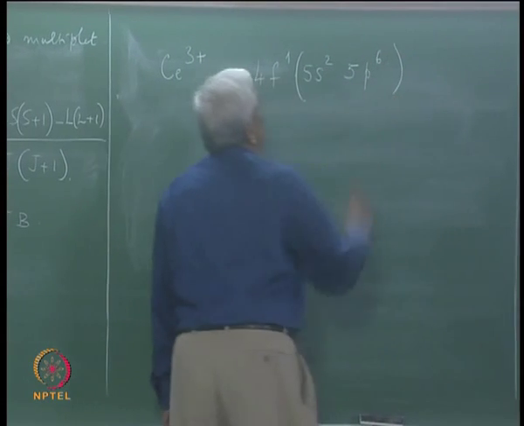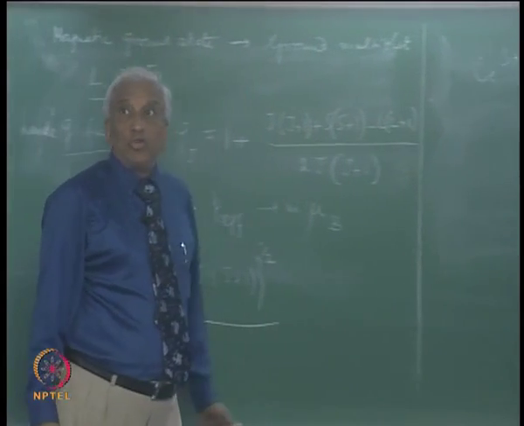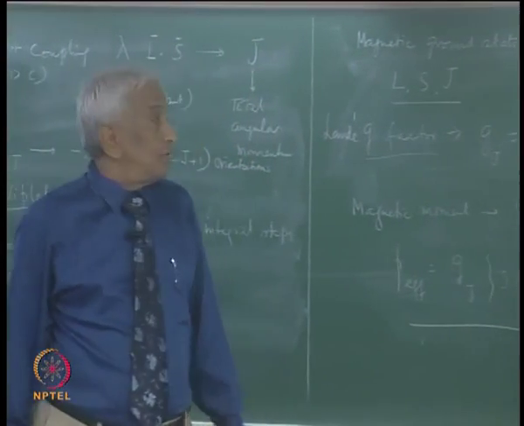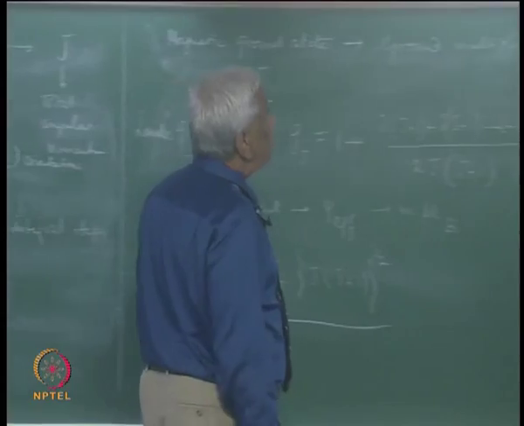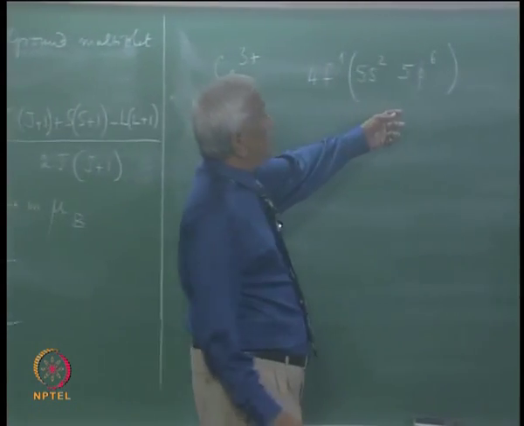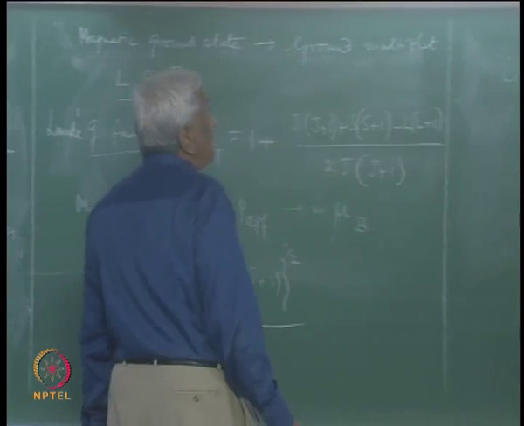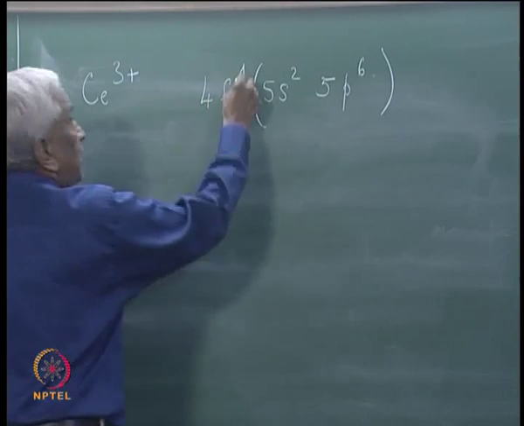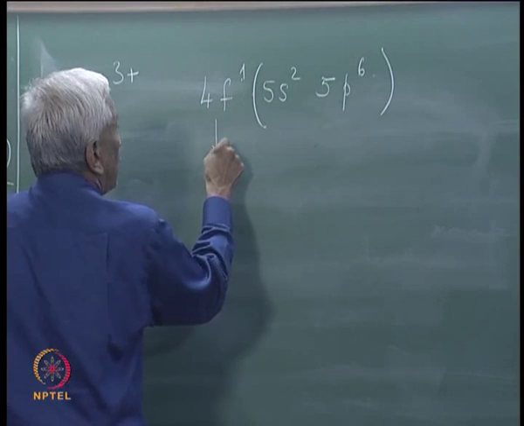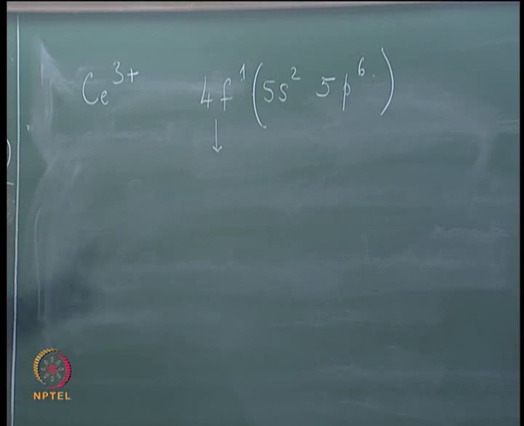So, there are 2 electrons in the outer 5s shell and 6 electrons in the outer 5p shell, and there is one unpaired electron in the 4f shell. So, it is this which gives the magnetic behavior.